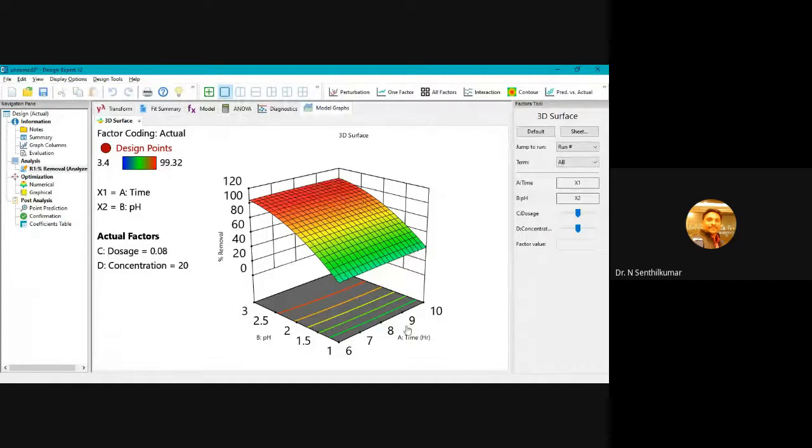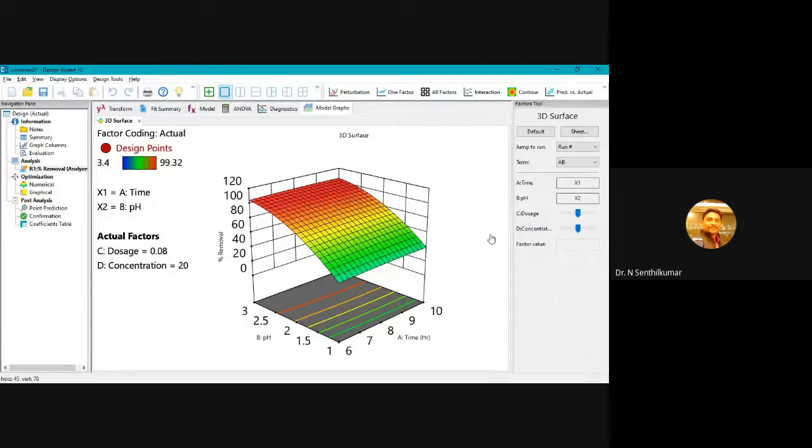That is, when the time increases, the percentage removal also increases in a linear manner. But here you can see, this is in a quadratic form. That is, when the pH increases from 1 to 3, the percentage removal is increasing in a non-linear way, in a quadratic form.